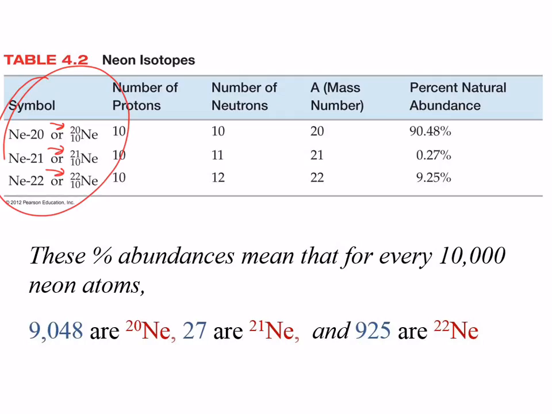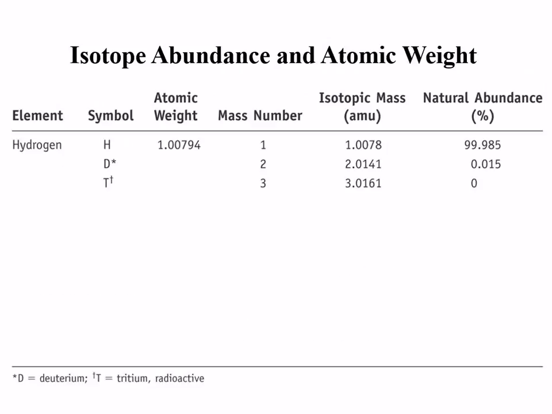Of course, the 10 means the number of protons, which is the same for each. Over here we have how abundant they are. Again, we have a lot more neon-20 than we do of the 21 or the 22. So the decimal number for neon is going to have to take that into consideration.